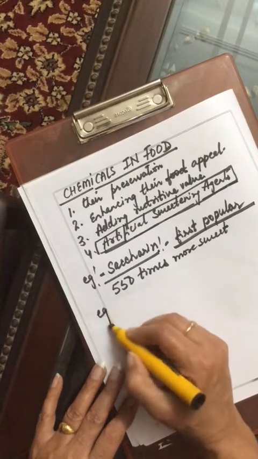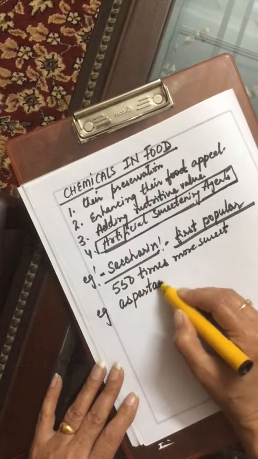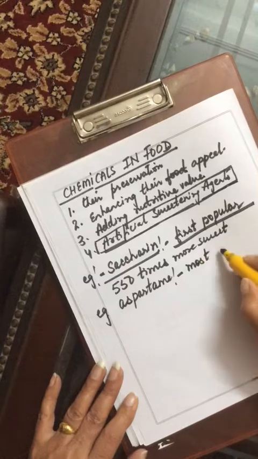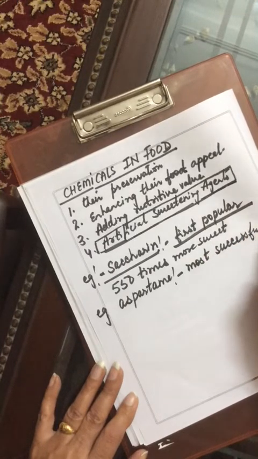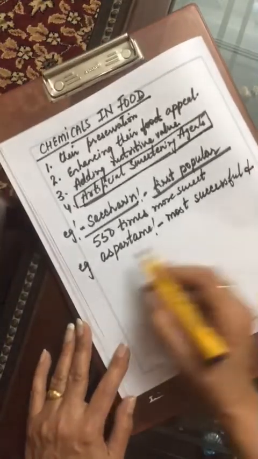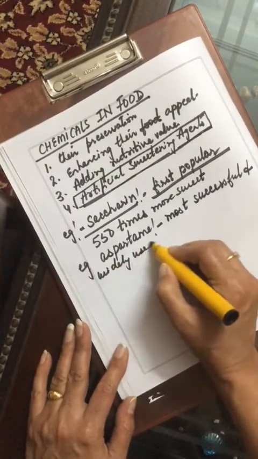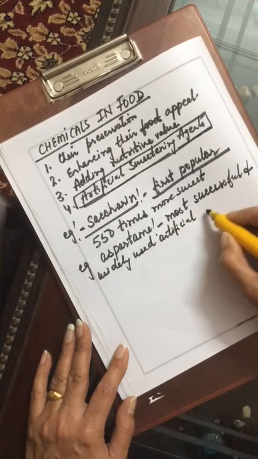The second example is aspartame. This is the most successful and widely used artificial sweetener.